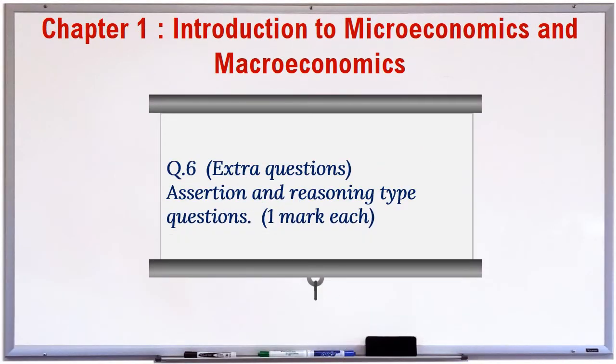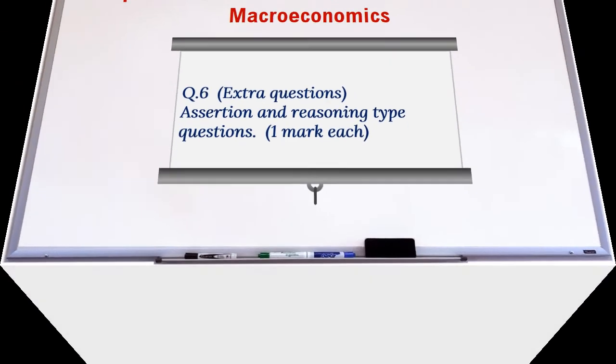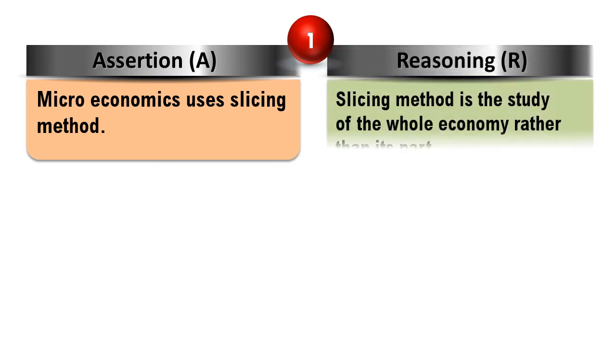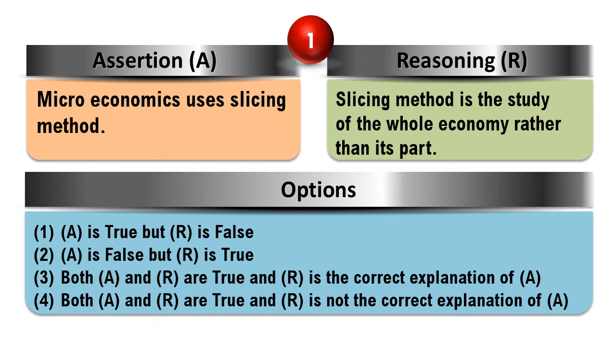Question 6. Extra questions, assertion and reasoning type questions. 1 mark each. 1. Assertion. A. Microeconomics uses slicing method. Reasoning. R. Slicing method is the study of the whole economy, rather than its part. Options. 1.